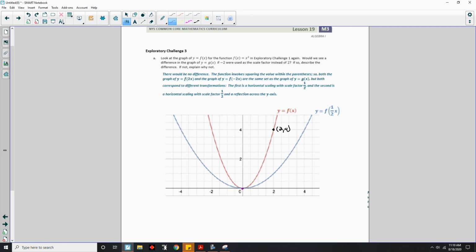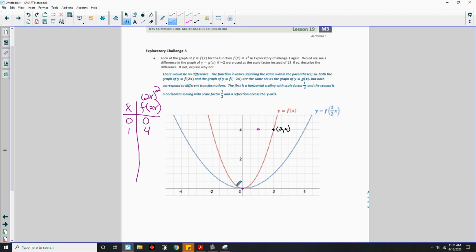So if we had an x and a y, and this is f of 2x, and we put 0, and then f of 2x, well, that's the same as saying 2x squared. So 2 times 0 is 0, 0 squared is 0, 2 times 1 is 2, squared is 4, so I'd go over to 1 and up 4.